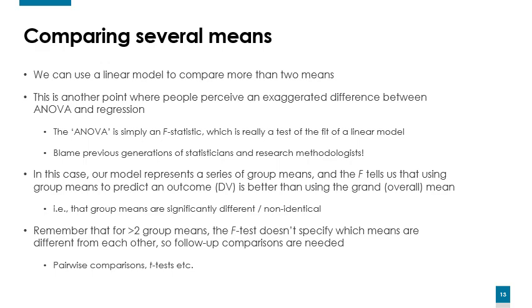What we have in the case of an ANOVA essentially is that the model represents a series of group means, and that the F value, the F ratio, is telling us that using these group means to predict your outcome is actually better than just using the overall mean.